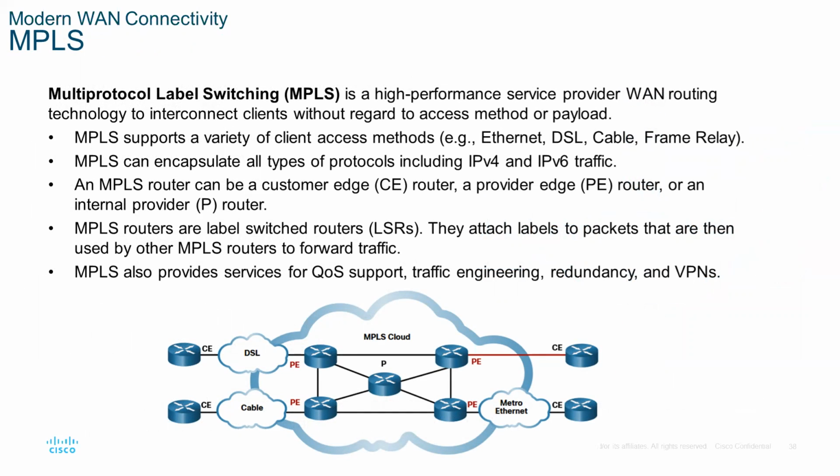Multi-protocol label switching, as I said, is VLANing on steroids. So it allows us to support multiple clients, each of which can have a different connection into the MPLS cloud. And we basically have a customer edge device, which is where we connect in, and we connect to a provider edge device.